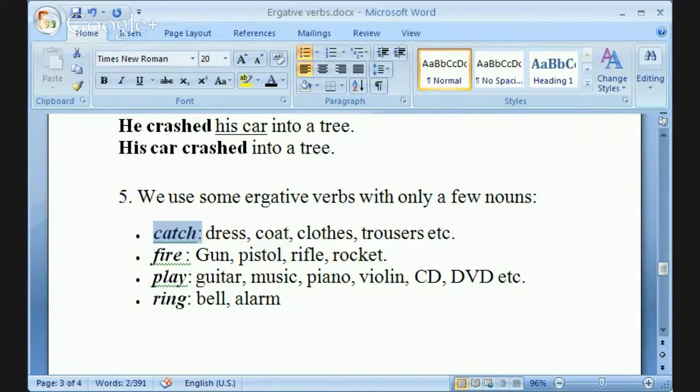Okay, that has an object, but no. Catch with clothes. Yes, I can try. All right, go ahead, Jonathan. I catch one spot in my clothes, in my suit.